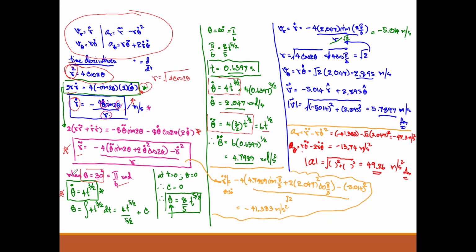We have theta dot equal to this, and after we integrate it, we have this function and apply the initial condition. We found that c should be 0 and we obtain the theta function instead of the theta dot function. When we substitute theta equal to 30 degrees, we cannot substitute degrees into the formula.